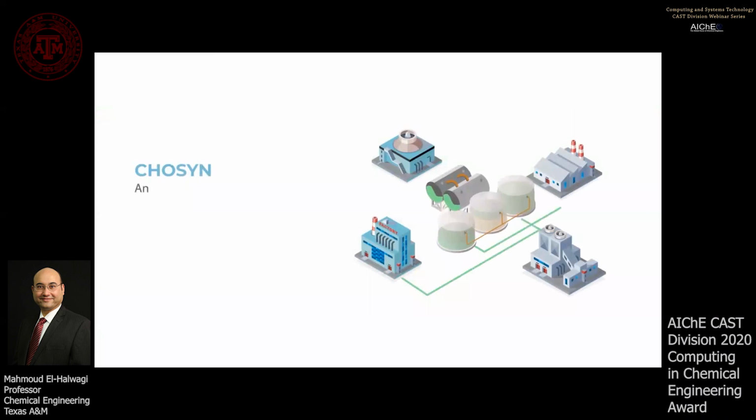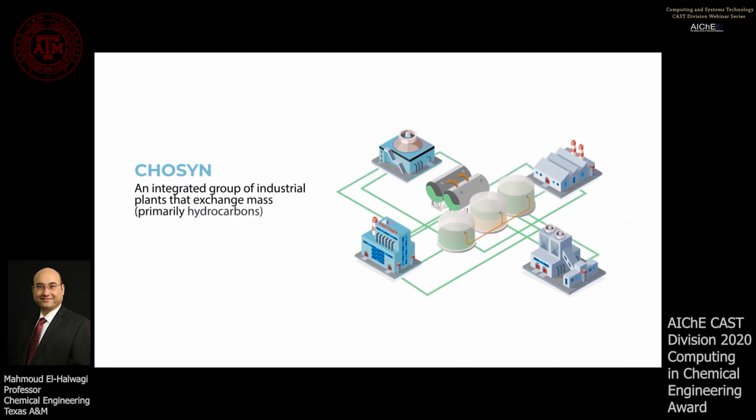A CHOSEN is an integrated group of industrial plants that can exchange mass, primarily hydrocarbons, and energy, and share common infrastructure for the benefit of all participants. In this example, there are several plants that emit wastes such as carbon dioxide, carbon monoxide, methanol, and so on. These wastes can be collected and converted to value-added products such as various hydrocarbons.